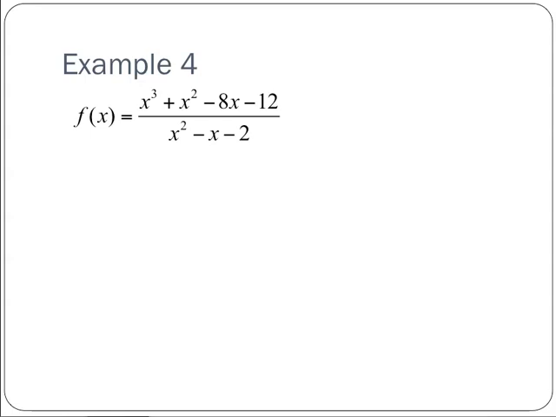Dividing x cubed plus x squared minus 8x minus 12 by x squared minus x minus 2 gives you x plus 2, possibly with a remainder, but we don't care about the remainder for the slant asymptote. So y equals x plus 2 is your slant asymptote.